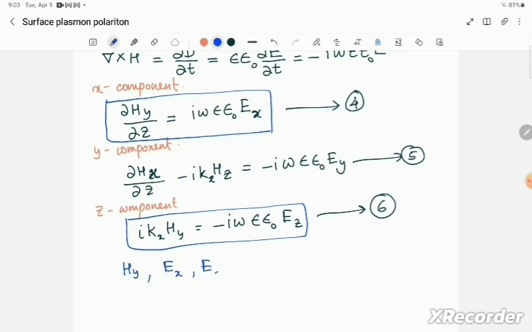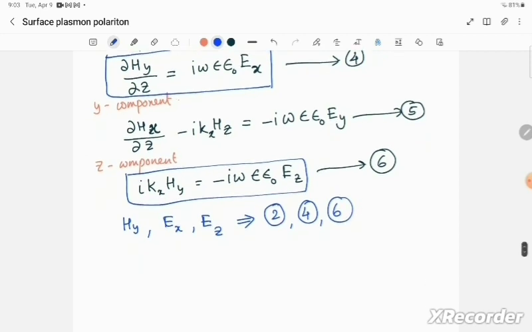So it has these three components, given by equations 2, 4 and 6, and we have three variables and three equations. Of course, this is enough to solve for the expressions for these components.